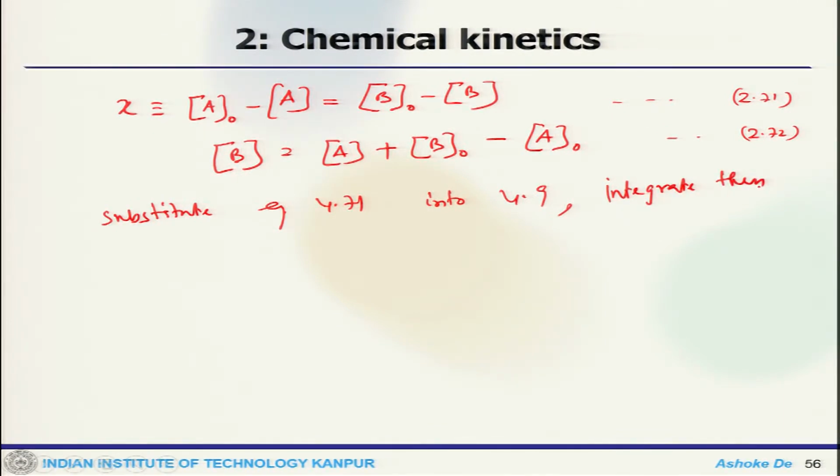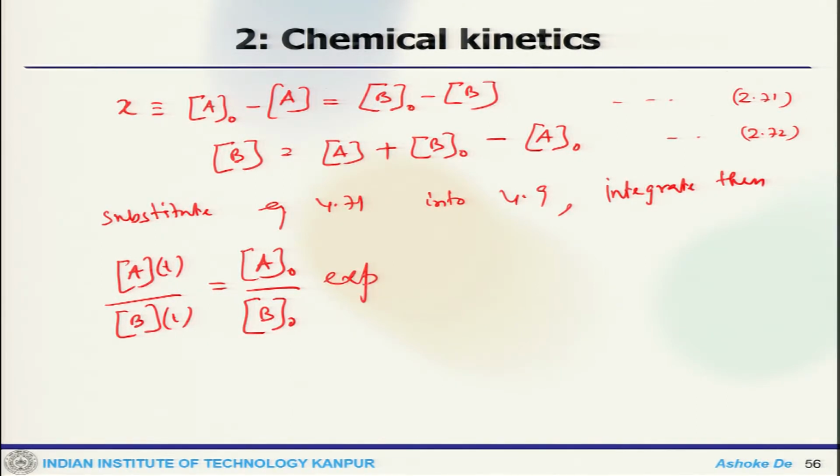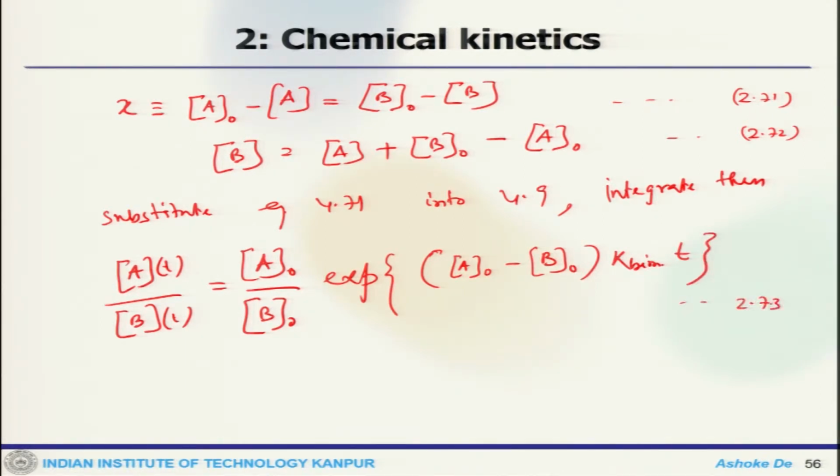Then we get the concentration of A at time t and B at time t, equal to A naught by B naught times exponential of A naught minus B naught times K bimolecular t. So, you get an exponential expression for the same thing, including your A and B.